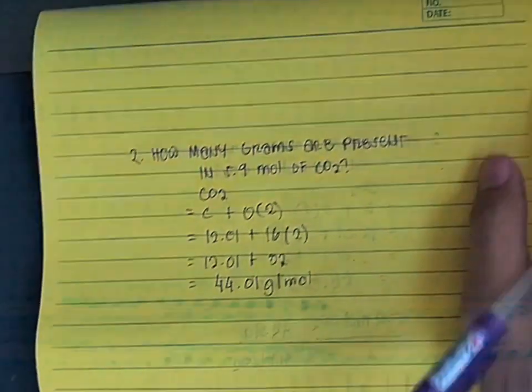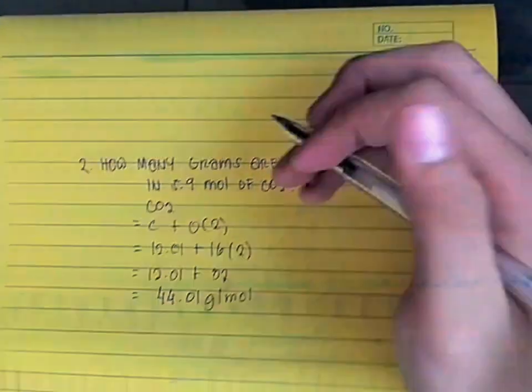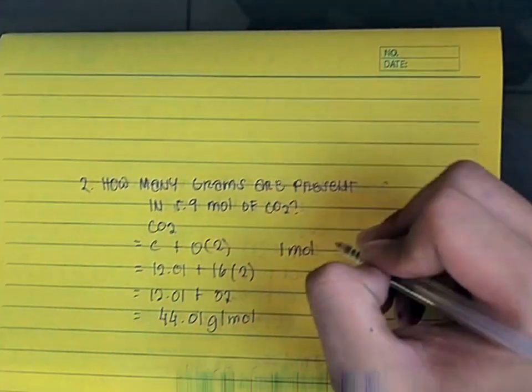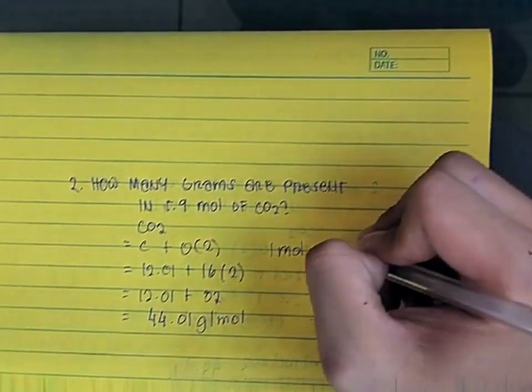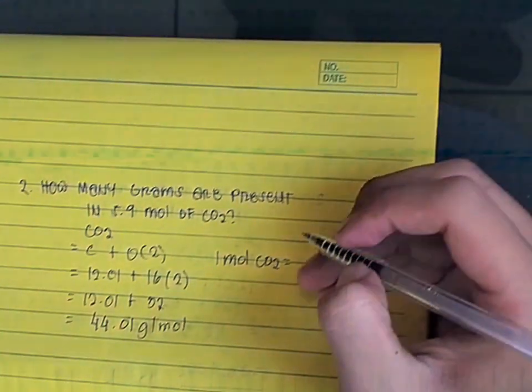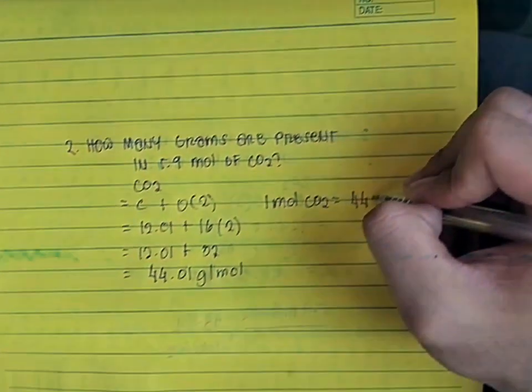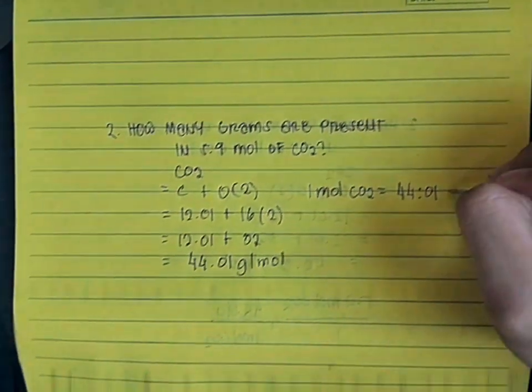So now we can write our conversion factor. In 1 mole of CO2, there is 44.01 grams.